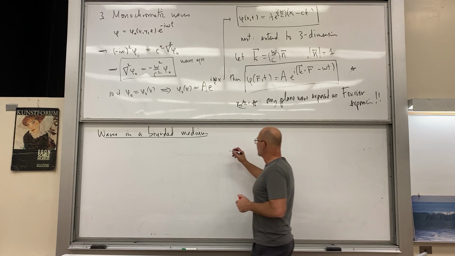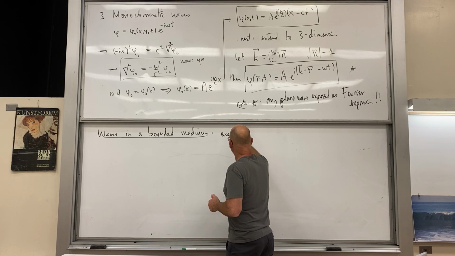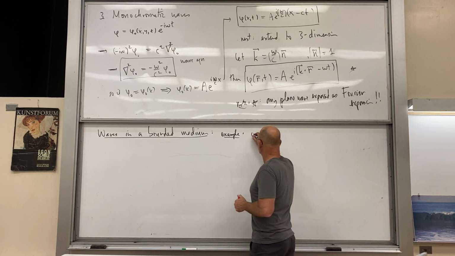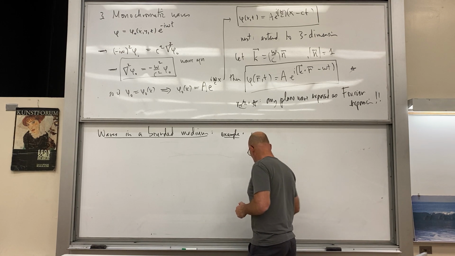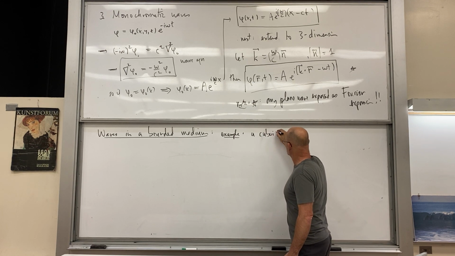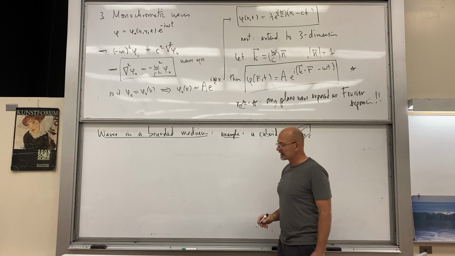So our example is going to be just inside a box, a cuboid, with sides A, B, C, that kind of thing.